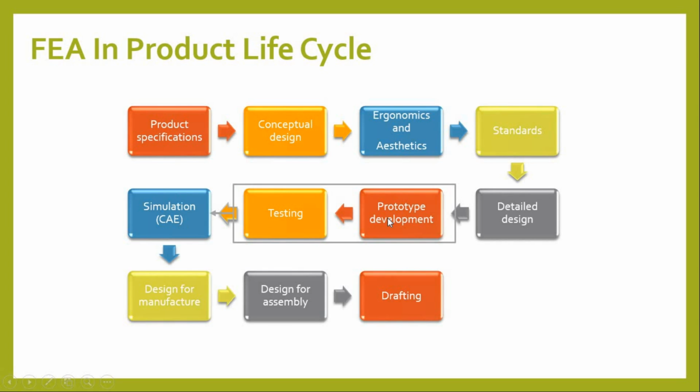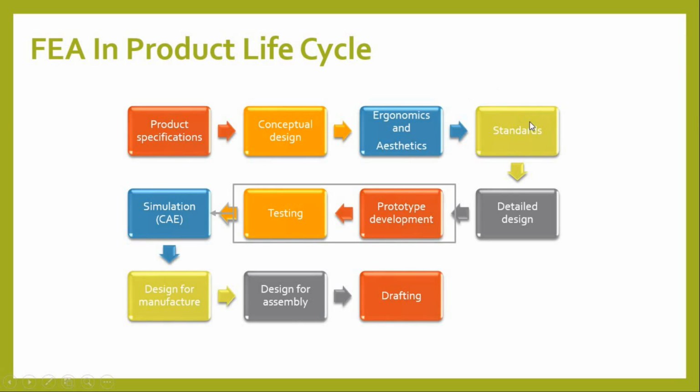But in some cases, some industries don't want to do prototyping and testing. They simply want to rely on simulation. So based on the detailed design, they go directly to the simulation phase, and based on that simulation or FEA, they validate their design, and then go to design for manufacture and design for assembly. Take the example of pressure vessels.